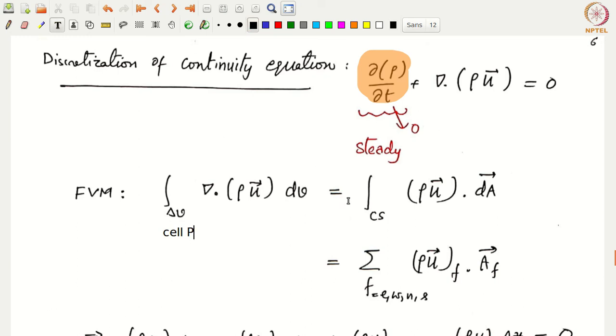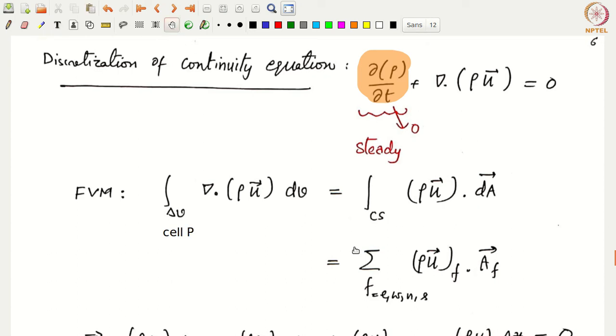Invoking the Gauss divergence theorem, we can write this as the integral over the control surface of rho u bar dot dA. Again, assuming the phase centroid value is representative for the entire phase, we can write this as rho u bar_f dot A_f bar.